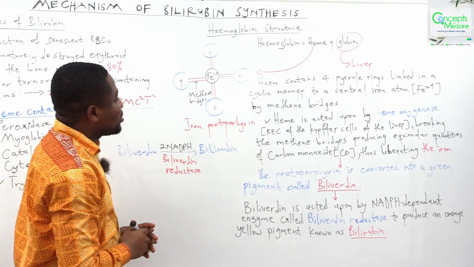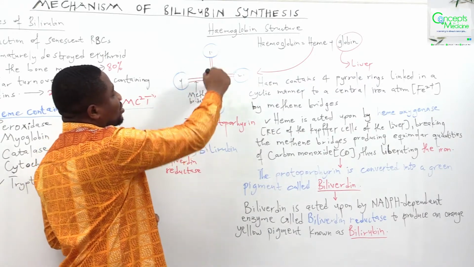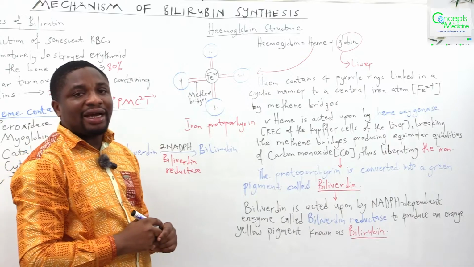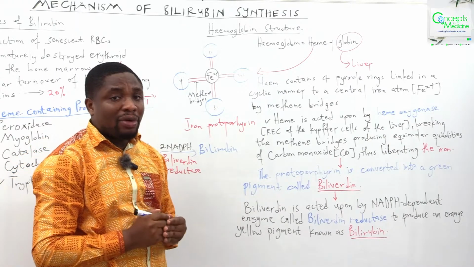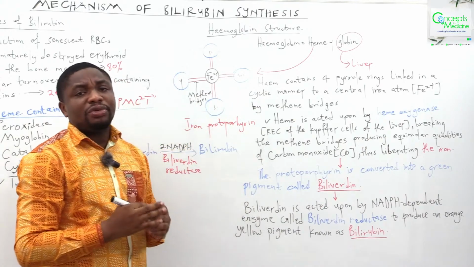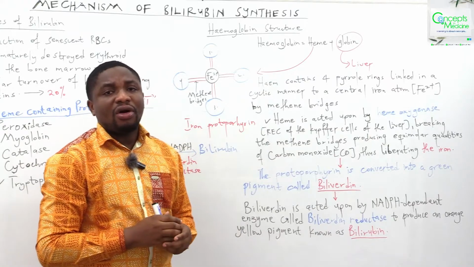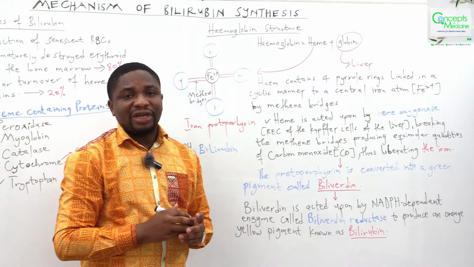Now, the heme is acted upon by an enzyme we call heme oxygenase, which is produced by the reticuloendothelial cells, the Kupffer cells of the liver.